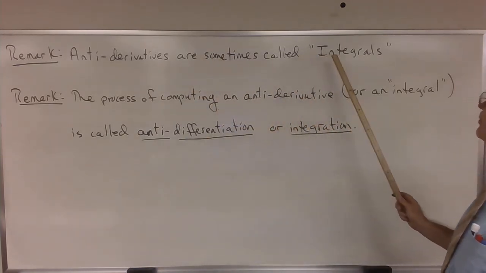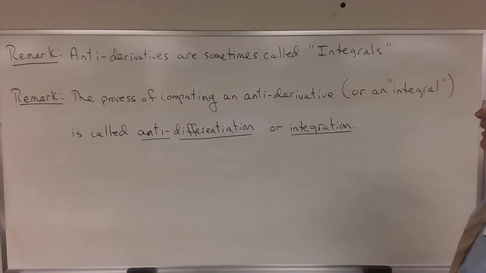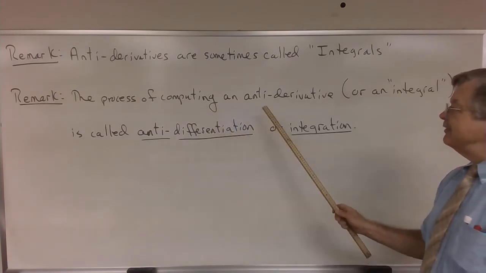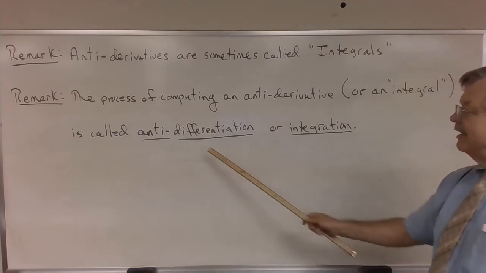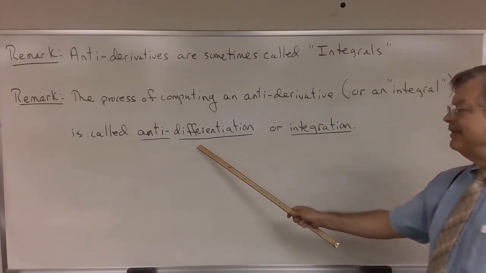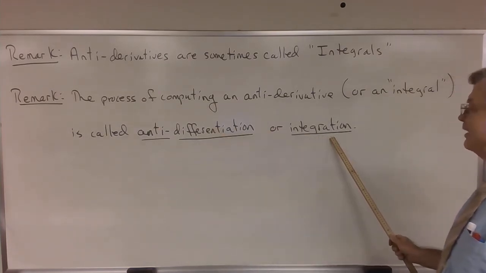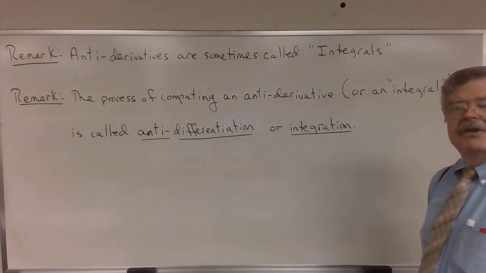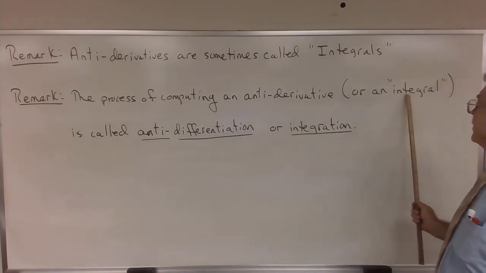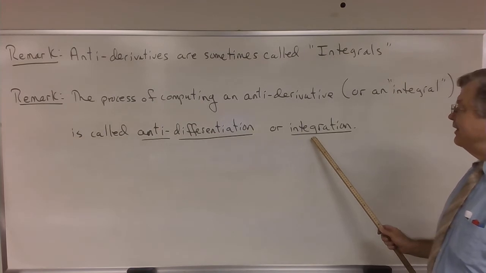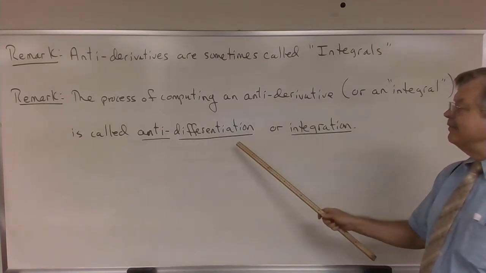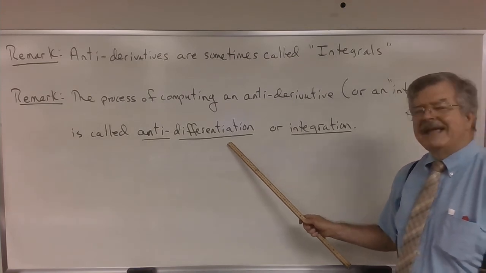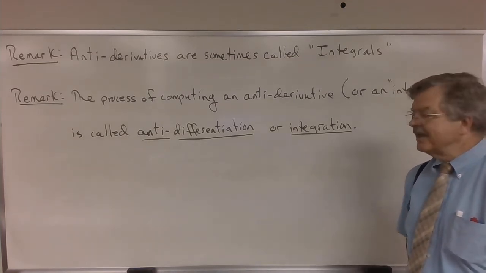And the process of computing an antiderivative or an integral is called antidifferentiation or integration. So when we compute an integral, we're doing integration. When we compute an antiderivative, we're performing the process of antidifferentiation.